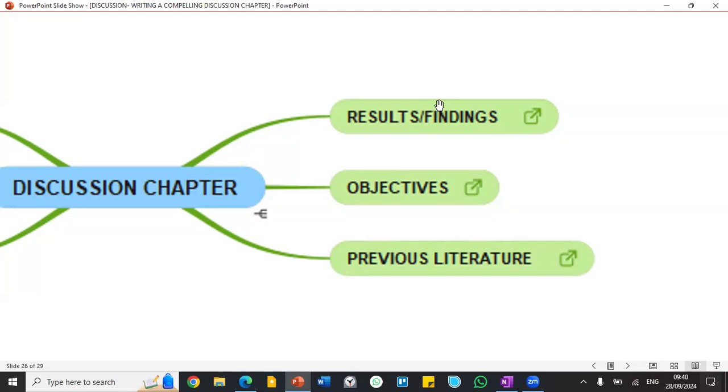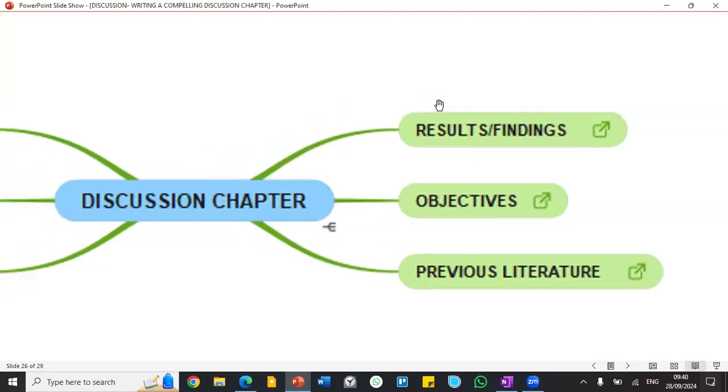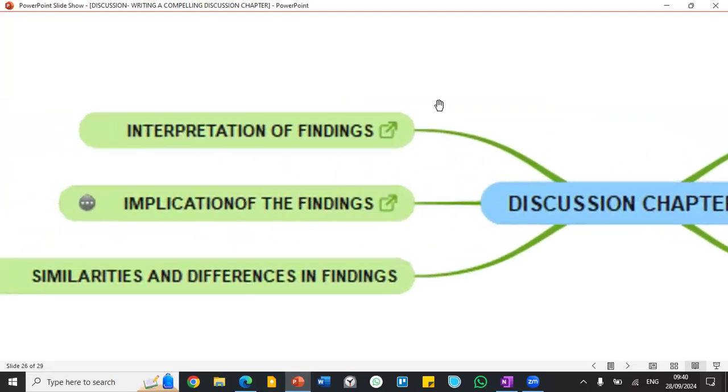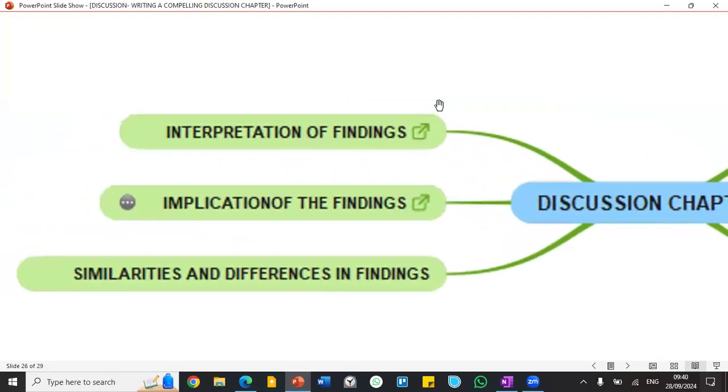The objectives, of course, may have been approved at the proposal stage, and you had a thorough literature review that you captured in a literature map. Now, when you come to your discussion, you are now interpreting your findings. You have your findings per objective.